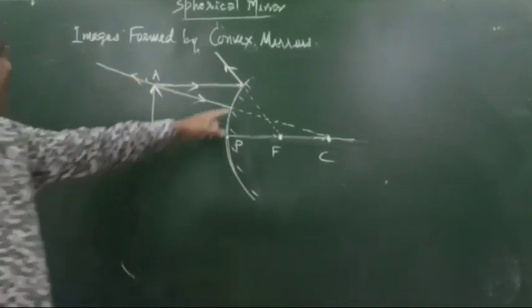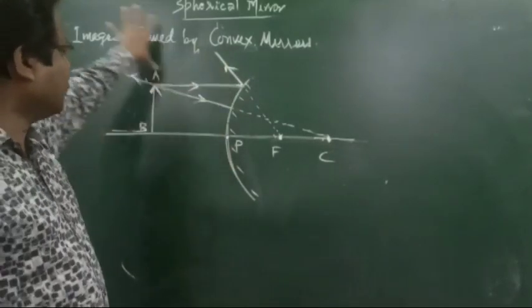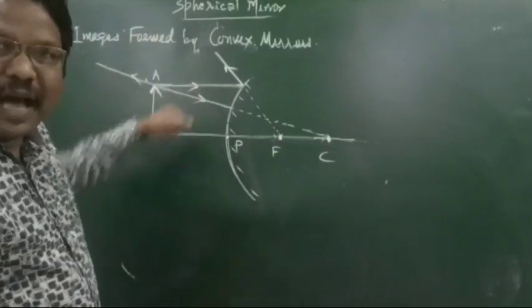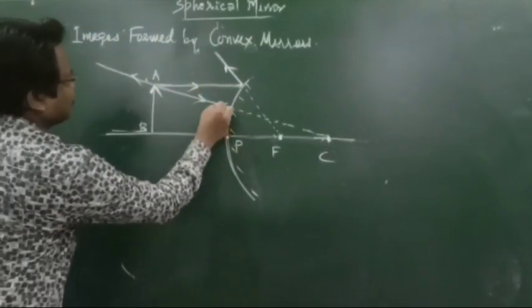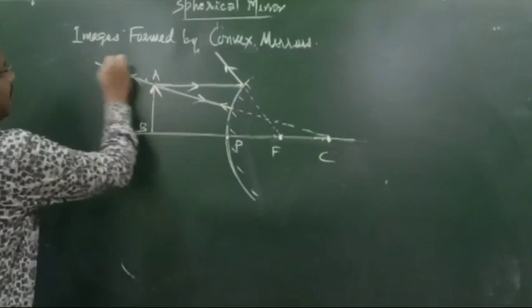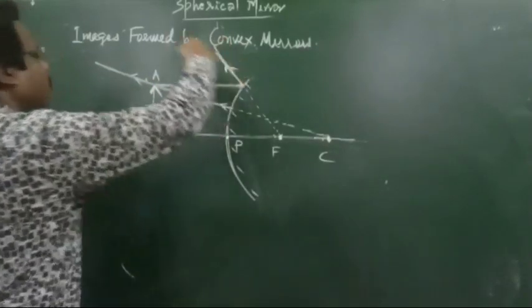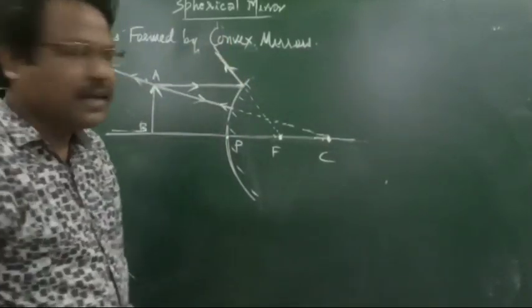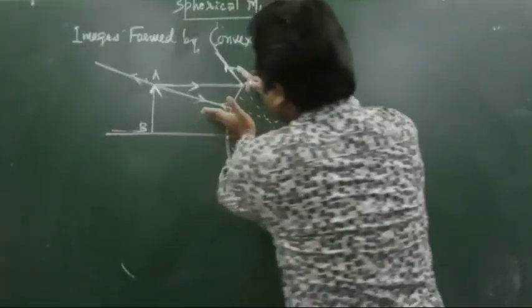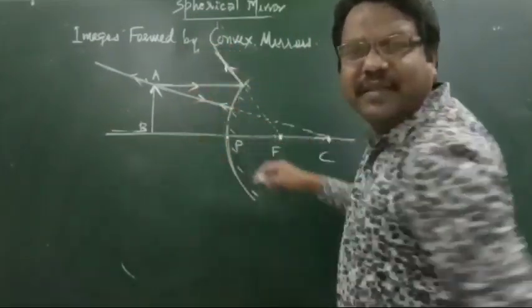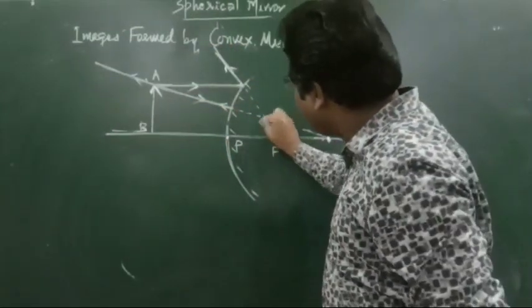Now again, from this mirror, the rays are diverging. And when these rays are diverging, they are not going to meet. But these two rays which are diverging appear to come from this point.